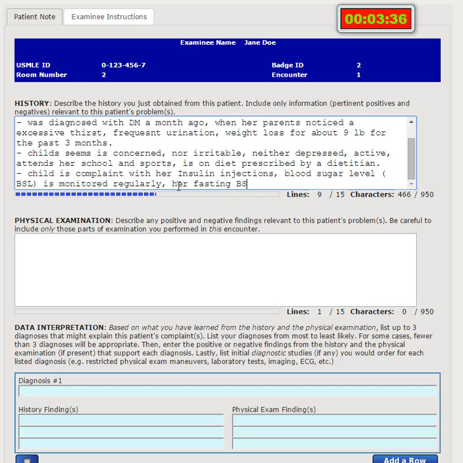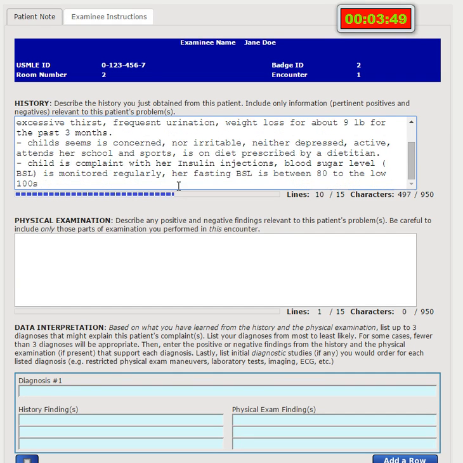Fasting blood sugar level. So blood sugar, fasting, between... She's on diet.